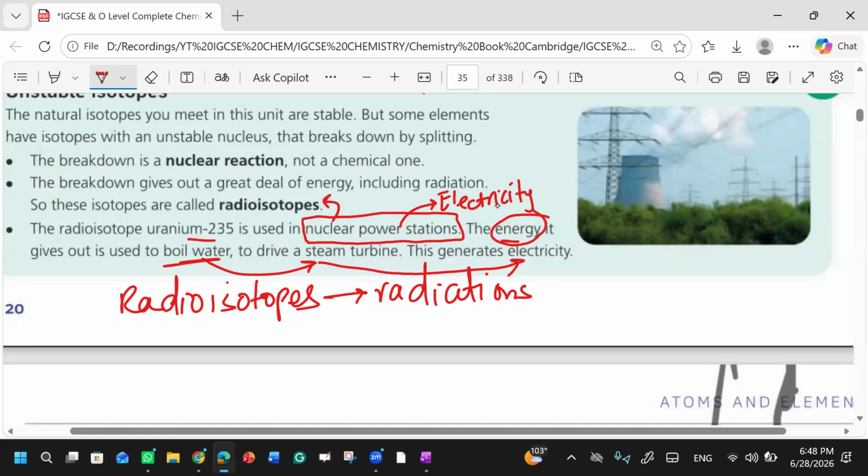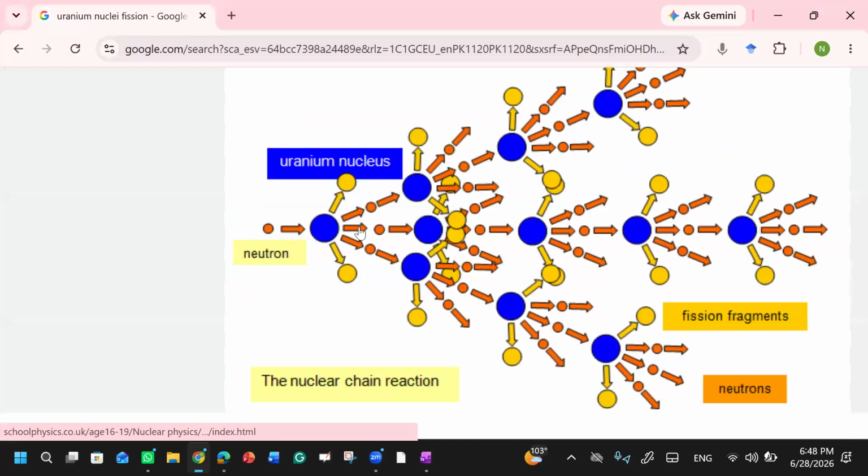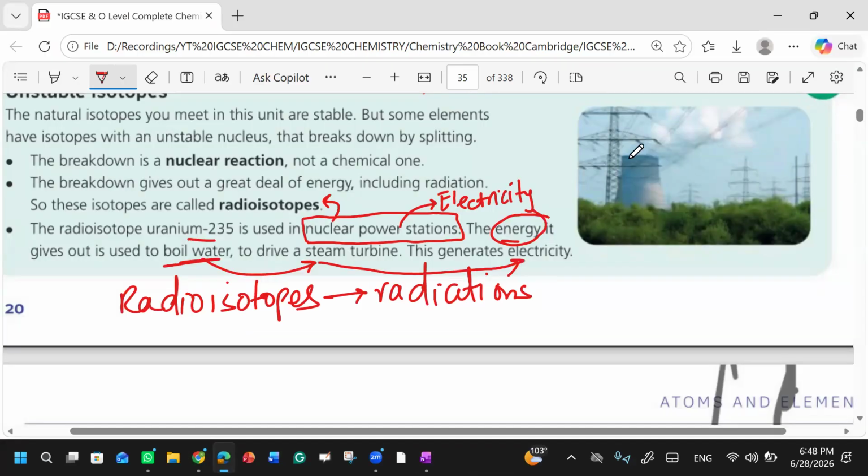Basically, what they have mentioned is that this explosion releases energy, and this energy is used to boil the water at the turbines.